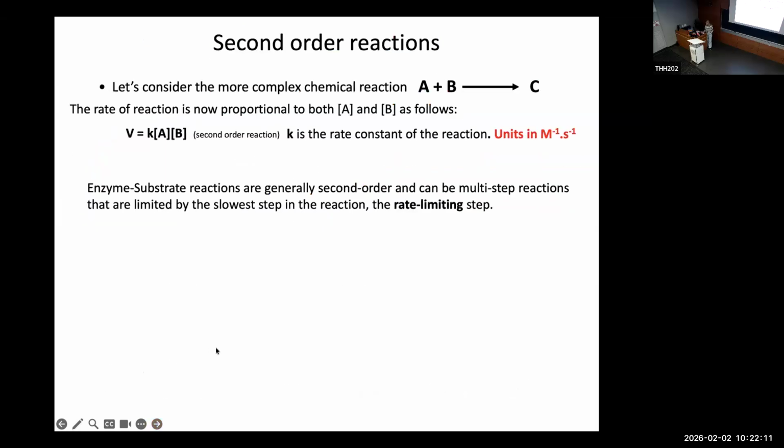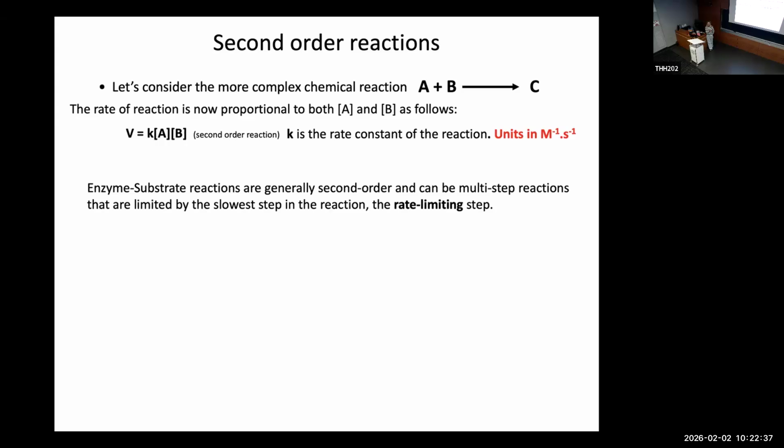Okay, now if we have a somewhat more complex chemical reaction where we have more than one substrate, which most of them do that we end up looking at in metabolism, where let's say we have A plus B goes to C, you can imagine the velocity is going to depend on the concentration of both of those along with the rate in the forward direction.